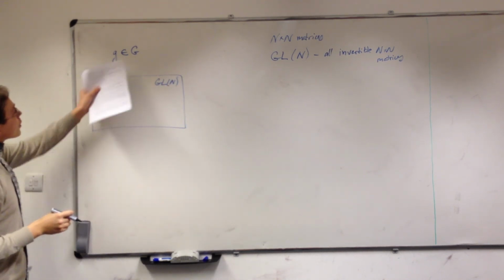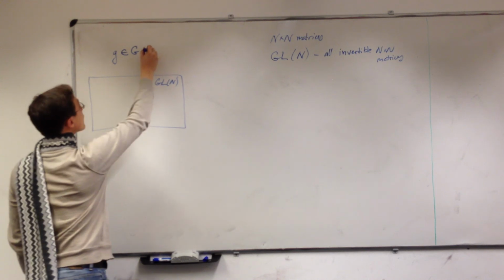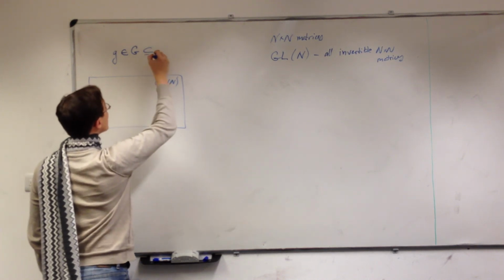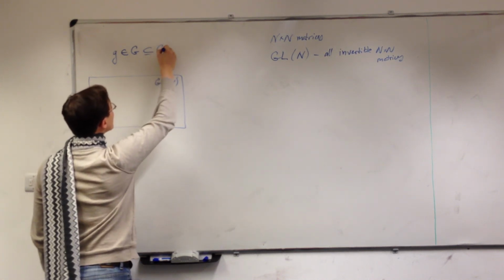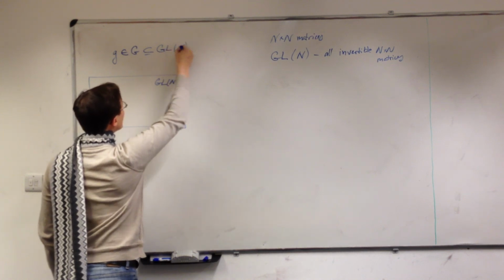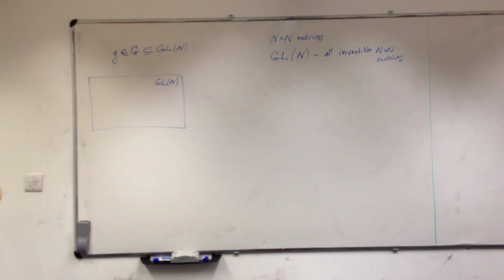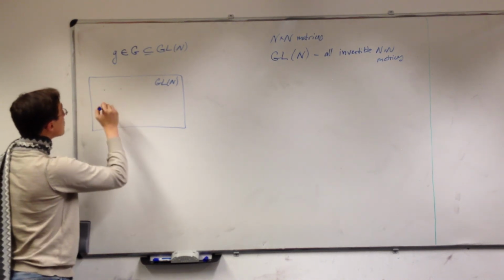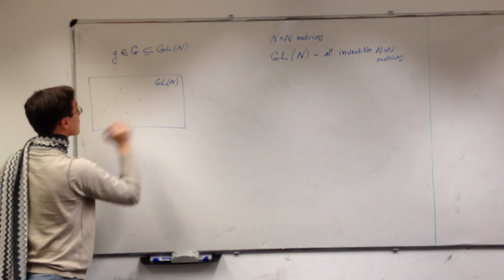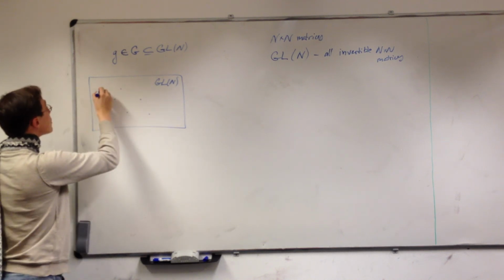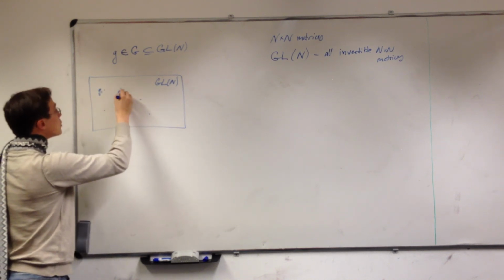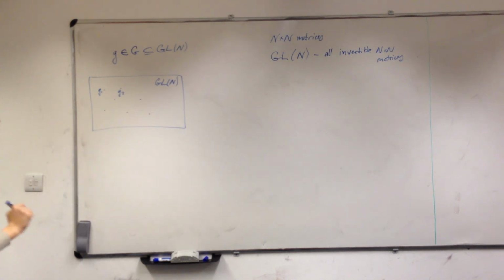Well, so our group G has to be therefore a subgroup, or in fact itself, of GL(n). And we would like to take a look at the neighborhoods of individual elements. So let's say the elements of our group are somehow scattered inside GL(n). So this would be G1, this would be G2, and so on and so forth.